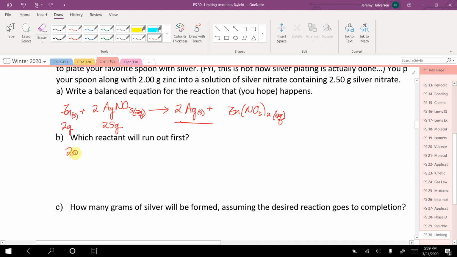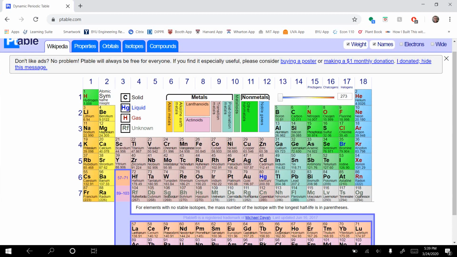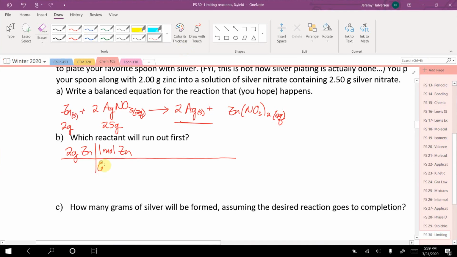All right, so I've got 2 grams of zinc. I'm going to figure out how much silver it makes. 1 mole of zinc weighs 65.4 grams. The reaction tells me 1 mole of zinc makes 2 moles of silver.